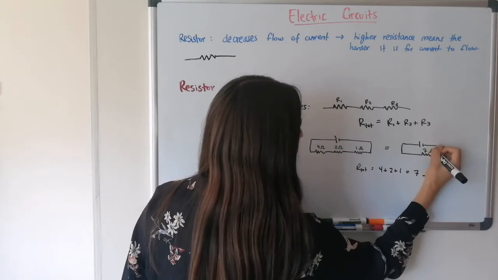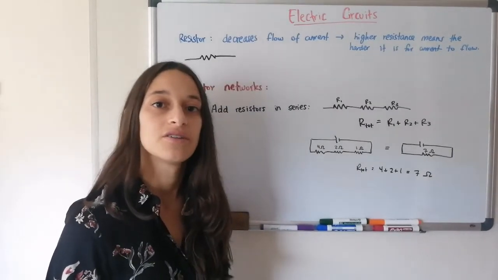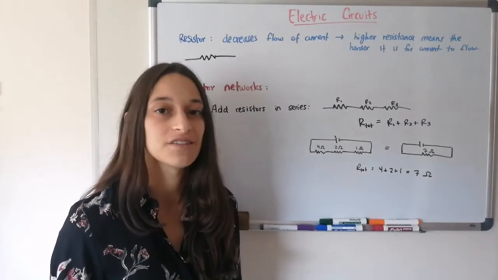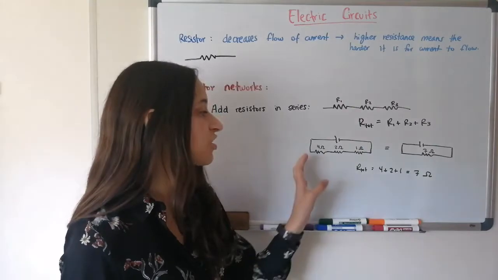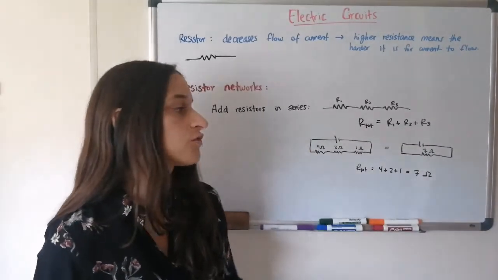So these two circuits are exactly the same. So you can use this a lot to simplify circuits when you have to figure out the values. Just convert them into one single resistance that is the sum of all of the resistances.